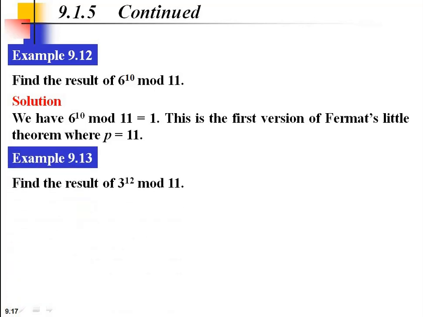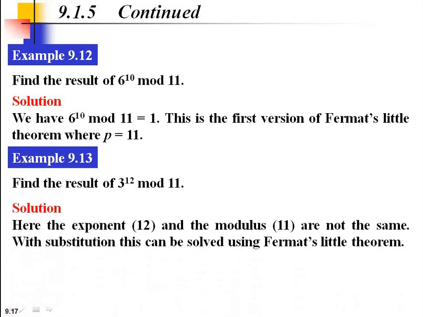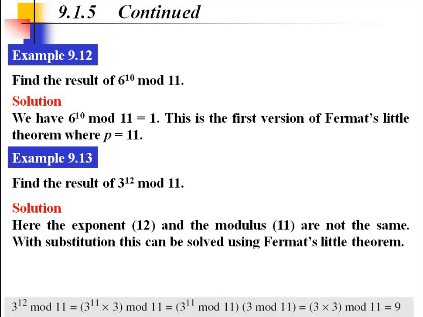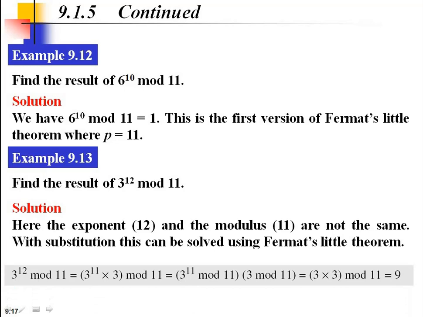Another example: find the result of 3 to the power 12 mod 11. In this case you can see that the exponent 12 is not equal to the modulus minus 1. So we need to do some substitution so that it can be solved using Fermat's Little theorem. The substitution goes like this: we can split 3 to the power 12 into 3 to the power 11 times 3.